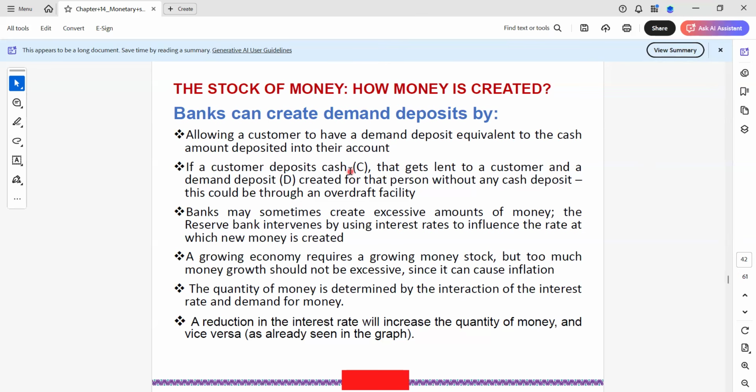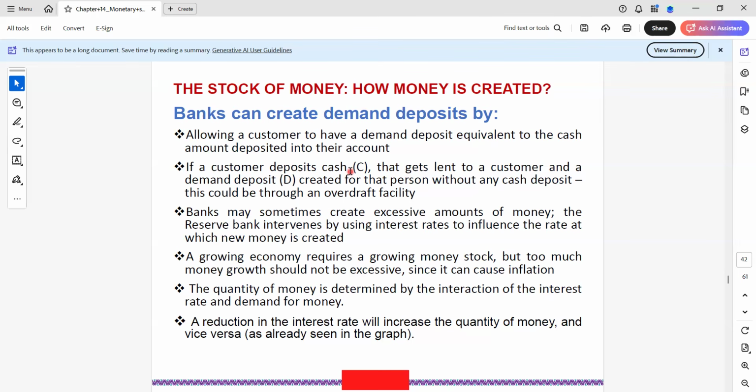If I deposit money into a bank, and then another person comes and borrows money from the bank, that money will be removed from my demand deposit, from my account, and will go to that person's account. Then a demand deposit for that person will be created, right?